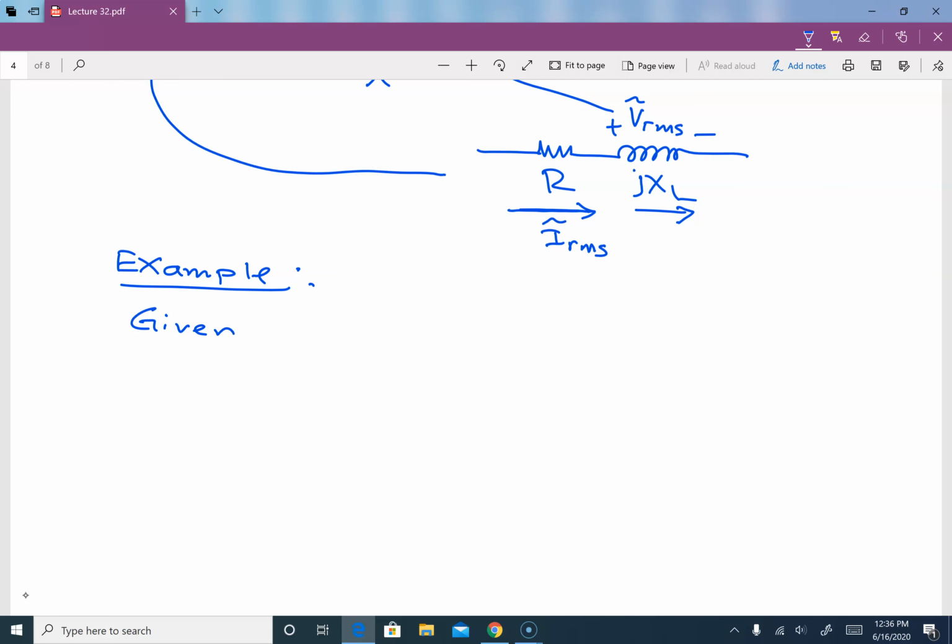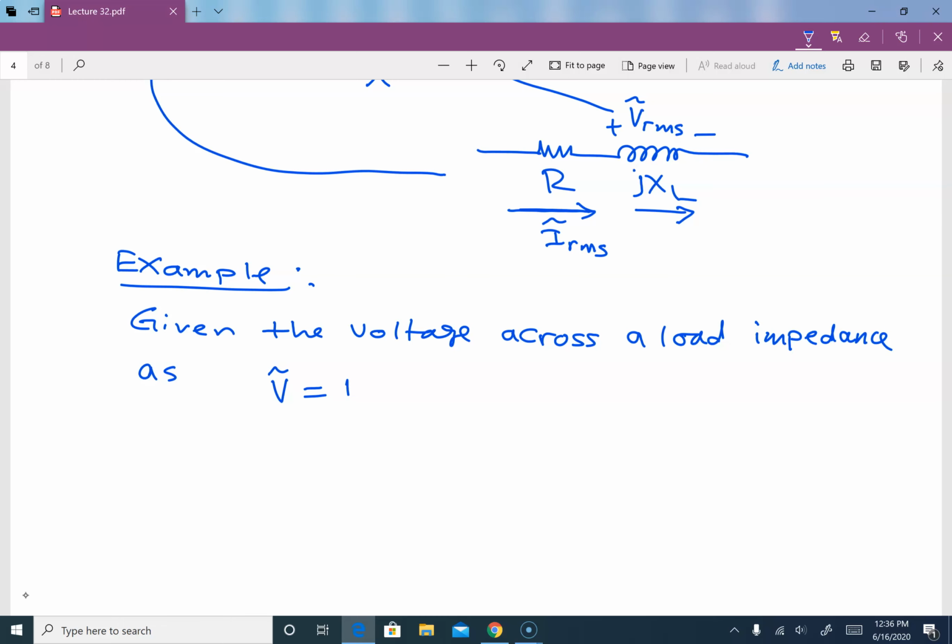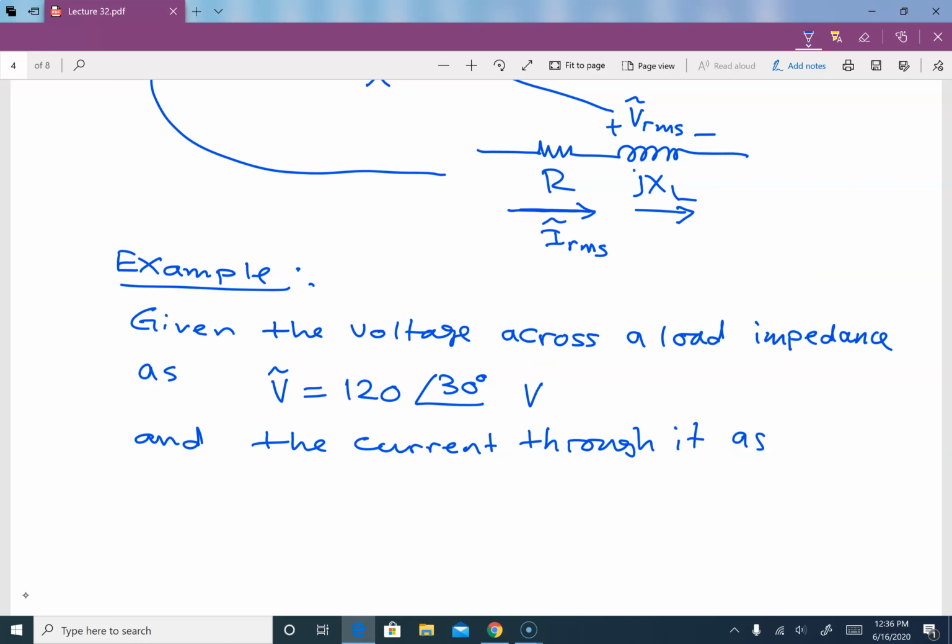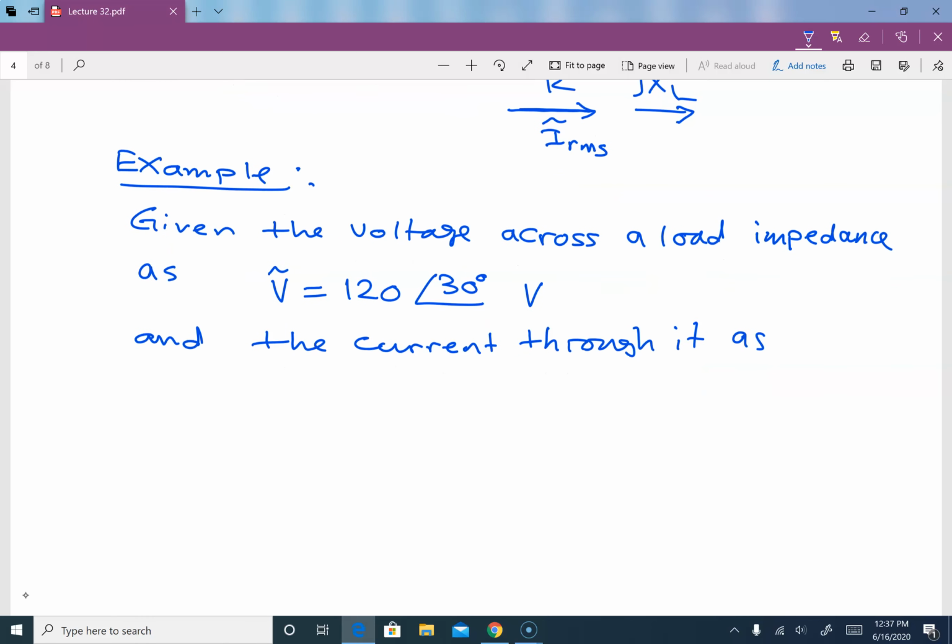Given the voltage across a load impedance as V is equal to 120 with angle 30 degrees, in volts, and the current through it as I is equal to 4 with angle 10 degrees, in ampere.